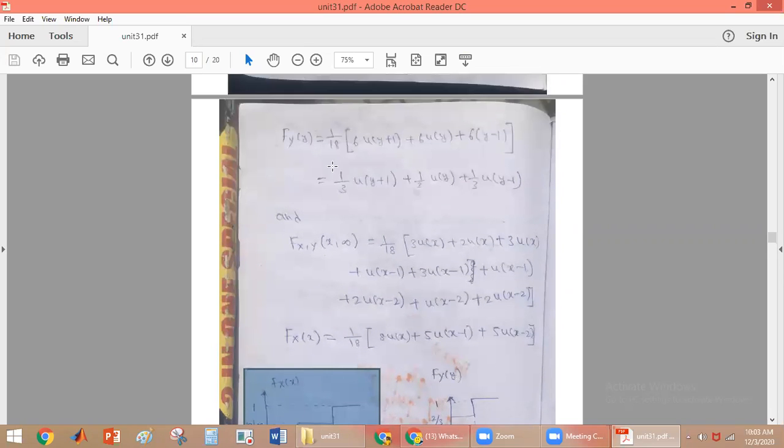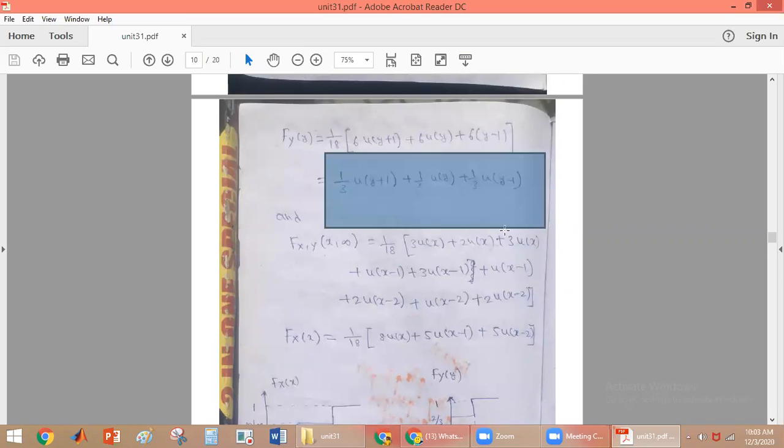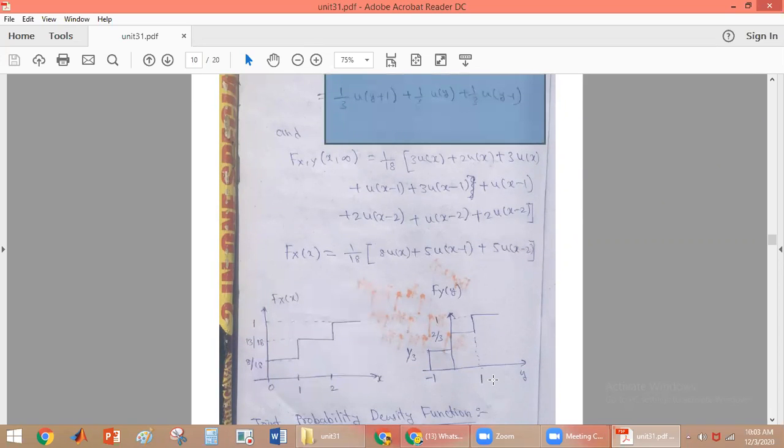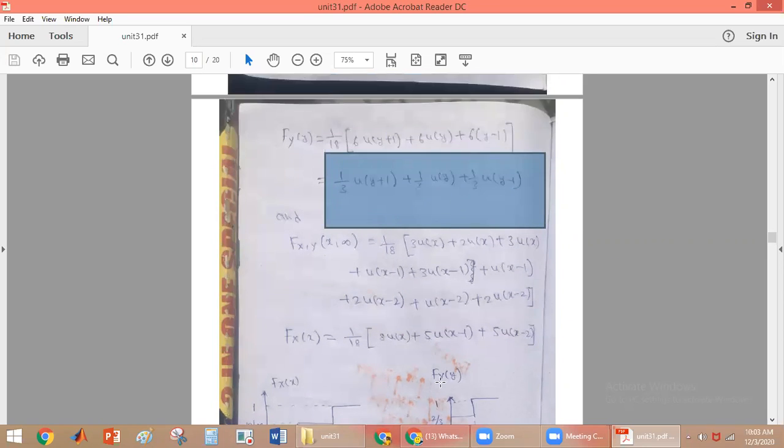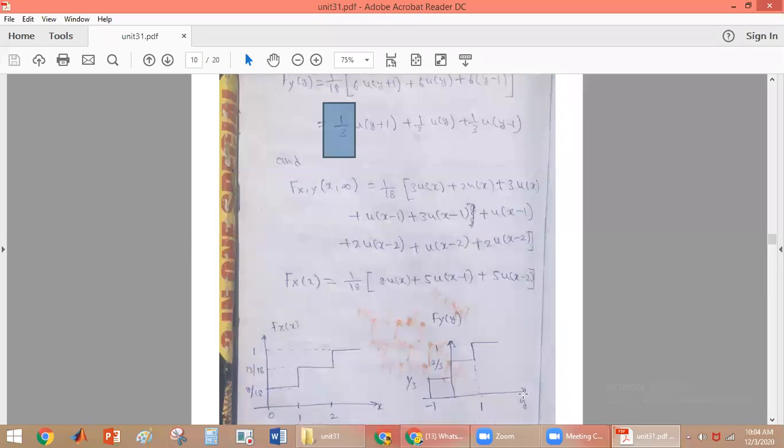Similarly fy of y. Observe the values we have: minus 1, 0 and 1. So we have the initial step function from y is equal to minus 1 onwards. From this equation, the amplitude is equal to 1 by 3.